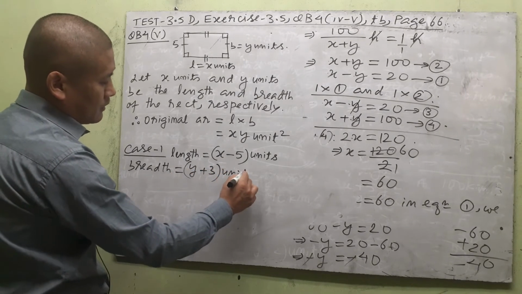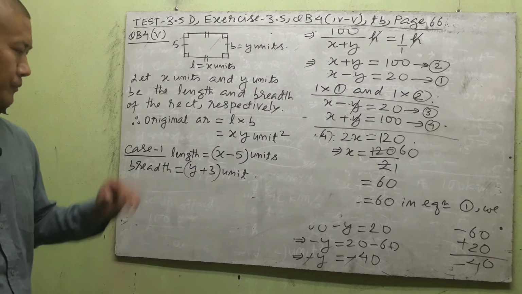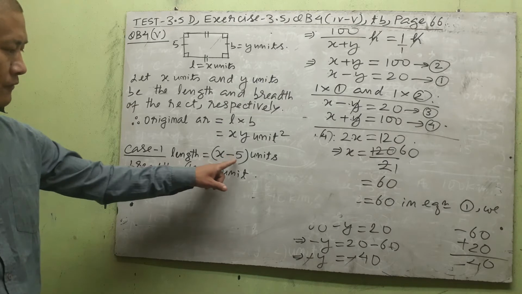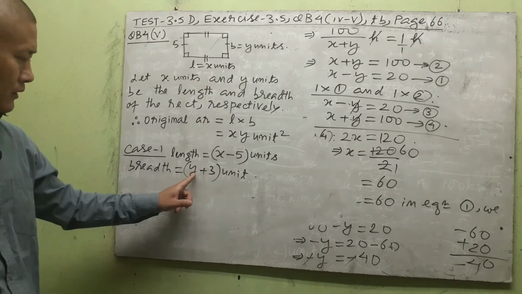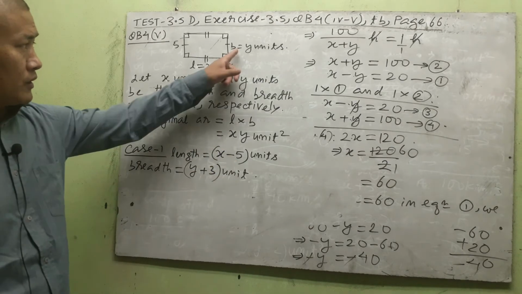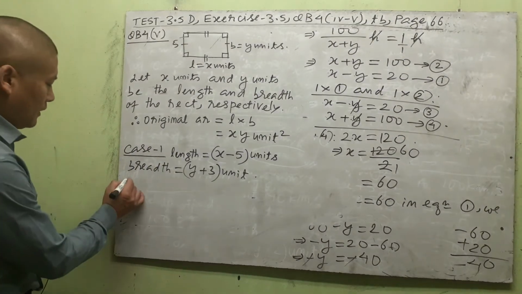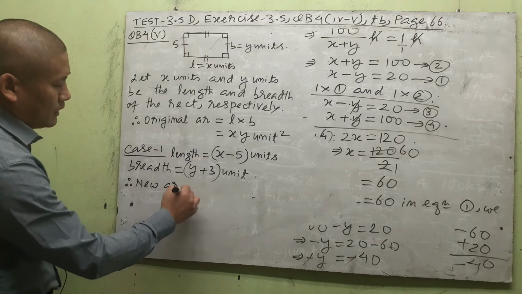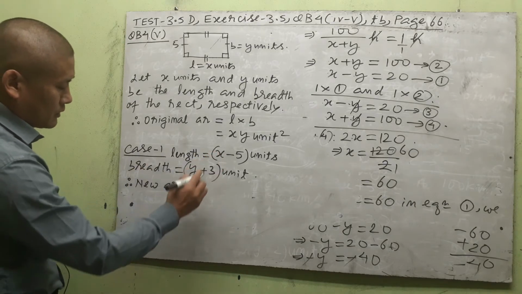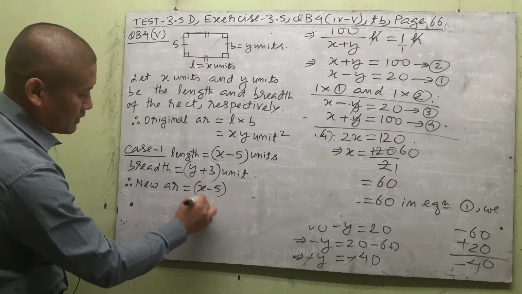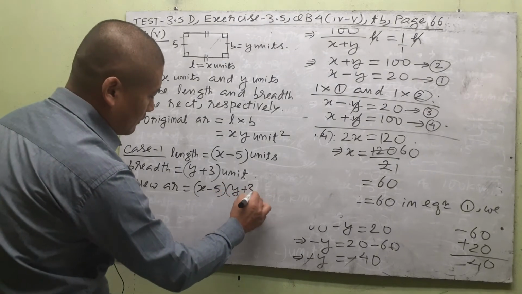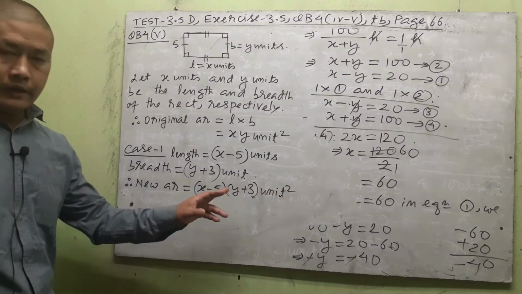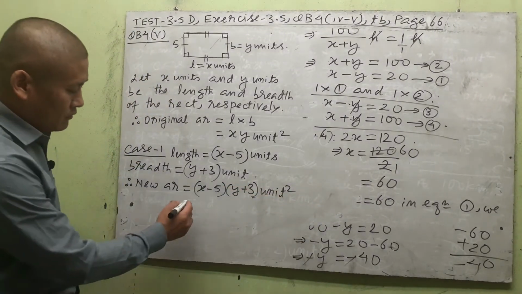This is the picture of the new rectangle whose length is reduced by 5 units from the original and breadth increased by 3 units from the original. Therefore, the new area of this rectangle will be length into breadth, so x minus 5 into y plus 3 unit square. Because area is two-dimensional, we put square in the unit.